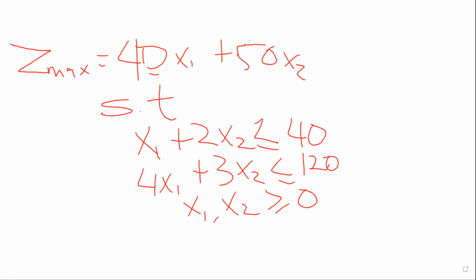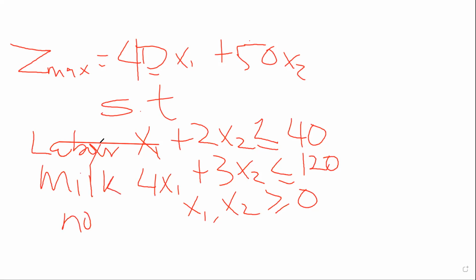Now at this stage, the first thing in order to do the graphical approach is to write the constraints. This is our labor constraint, and that is our milk constraint. You want to start with the non-negativity constraint.